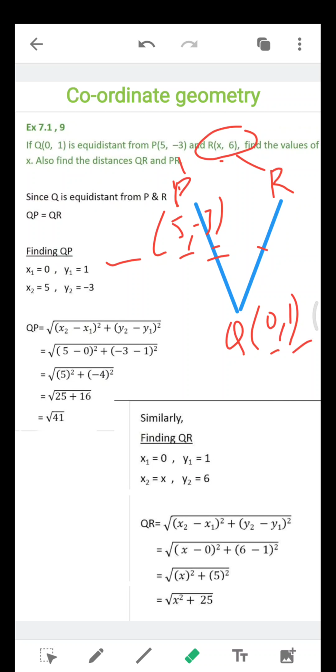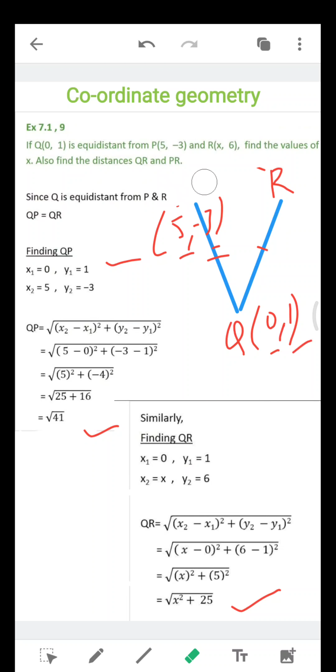Now I can equate both the distances. I can equate QP and QR because they are equidistant from Q. So we'll equate these two distances QP and QR and try to find the value of x. So we have done this.